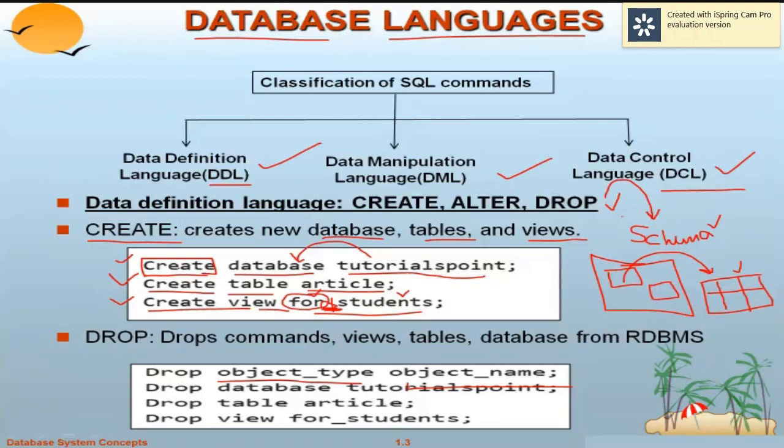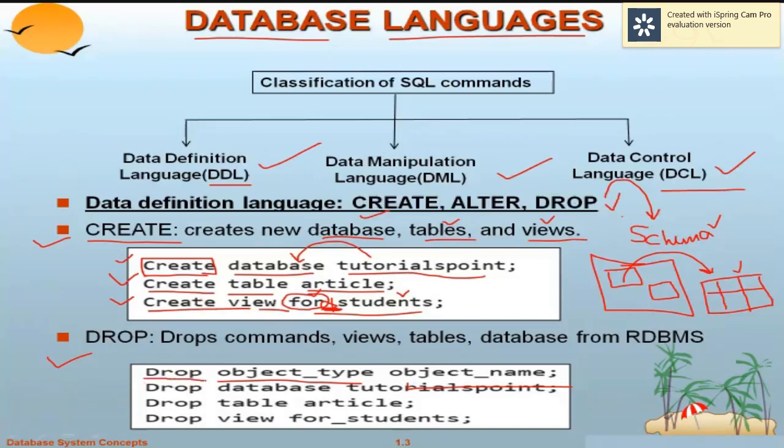Once you understand the create command clearly, you can directly proceed to the drop command. What the name itself says, drop. Drop is used to remove either the database or the tables or the views. The syntax will be almost the same as the create command.